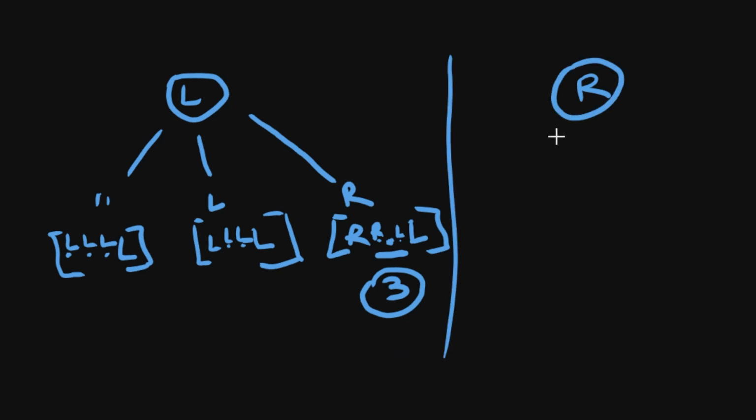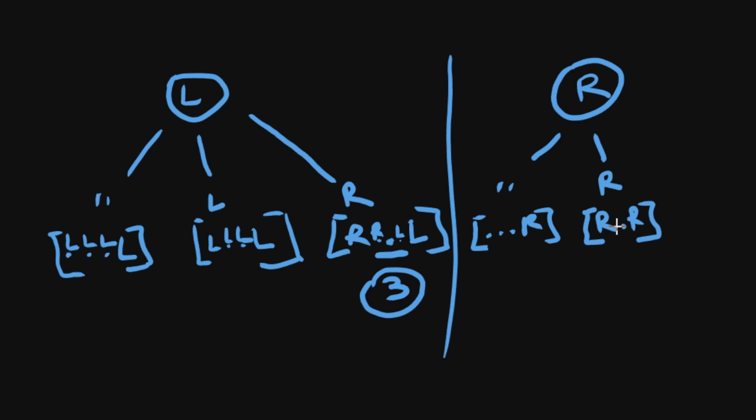Now what happens if the current domino is right and previous is empty? Meaning something like this: dot dot dot right. Well, in this case we actually want to keep this like this. We don't have to do anything. Now what happens if the current domino is right and the previous one was also right? Meaning something like this: right dot right.